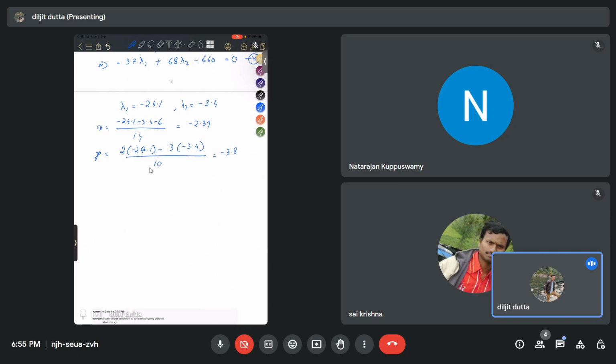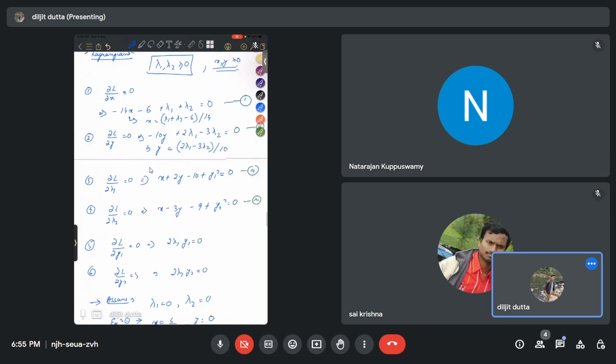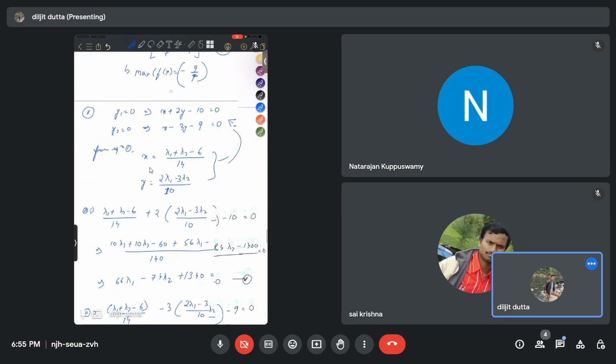This is minus 3.8. With x as minus 2.39 and y as minus 3.8 we get f of x. The function we are maximizing is 7x squared plus 6x plus 5y squared.